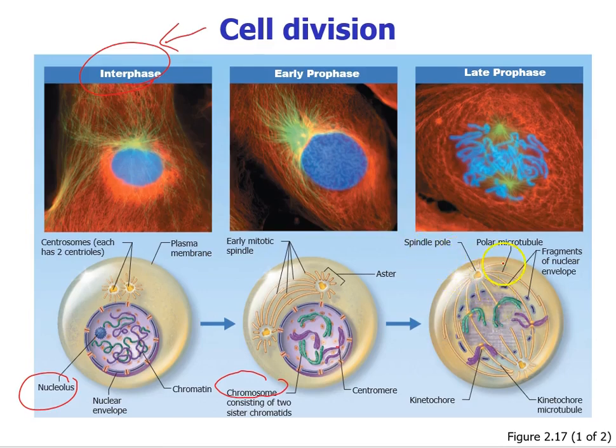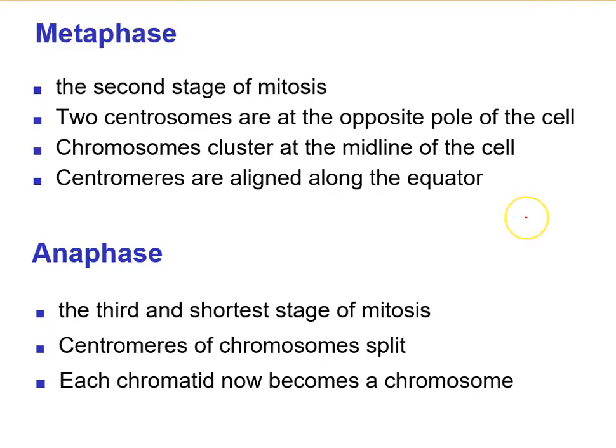Okay, what is the next phase of the mitosis? Is metaphase. The metaphase is the second stage of the mitosis. In metaphase, the spindle has captured all the chromosomes and lined them up at the middle of the cell.